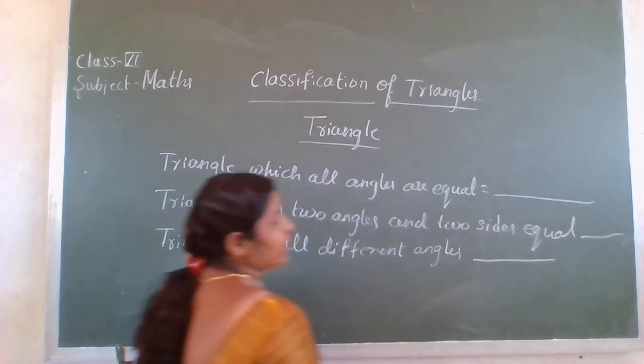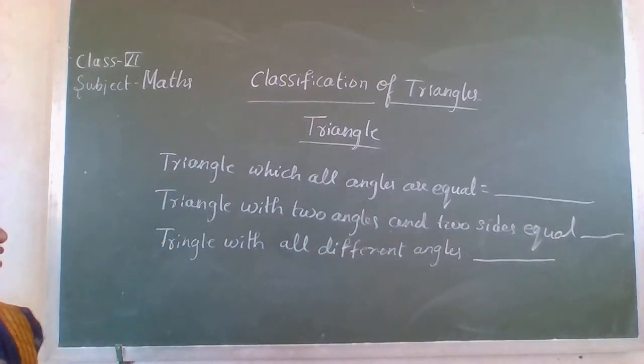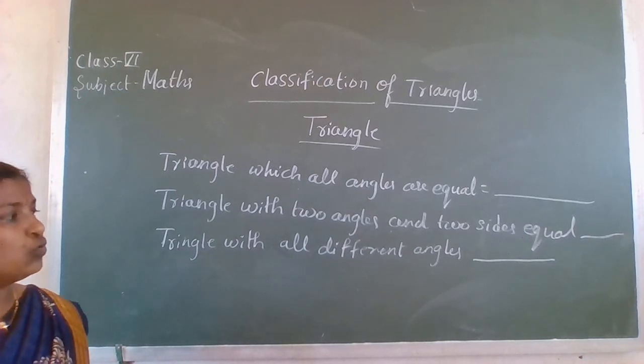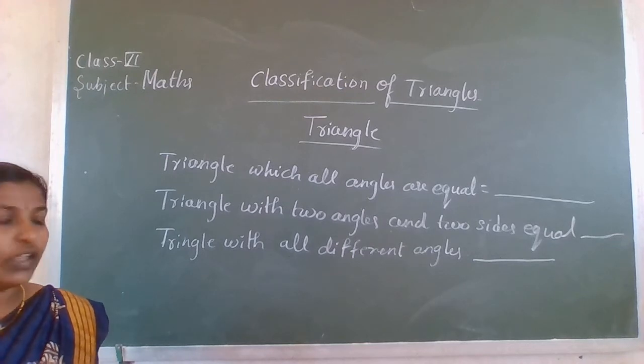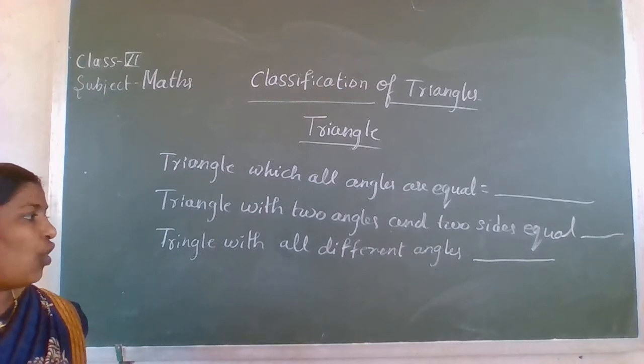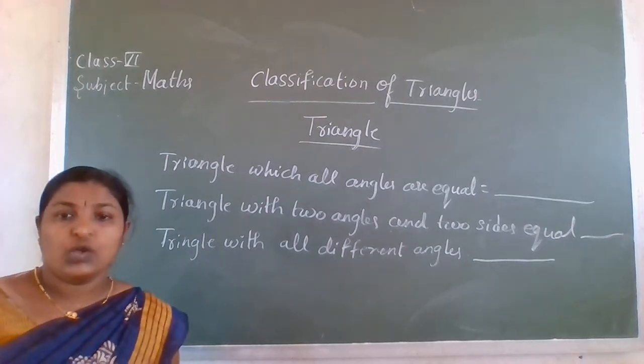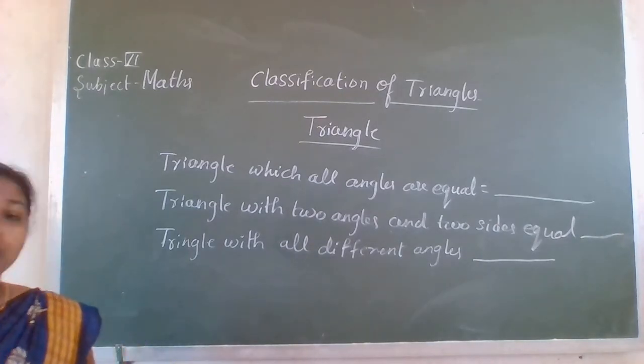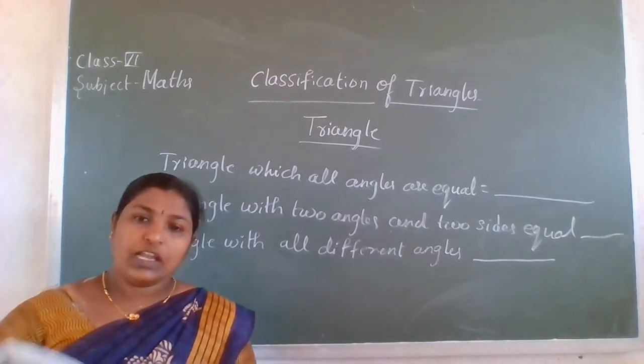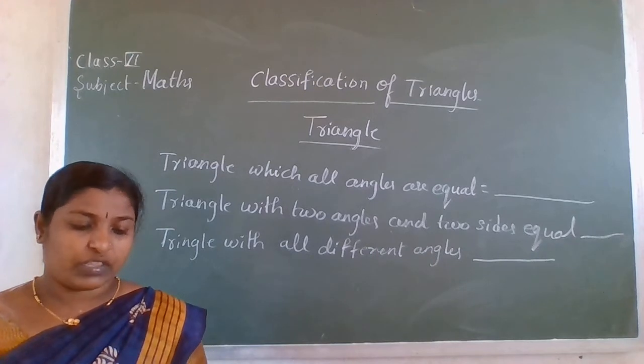What will we call it? Just think about it. Triangle in which all angles are equal. Triangle with two angles and two sides equal, what will we call it? Triangle with all different angles, what will we call it? You just think about it, and in tomorrow's class I will explain everything.